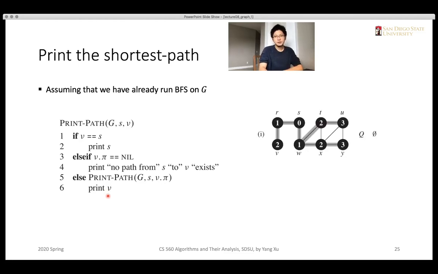So, looking at this result of running BFS, let's think about how print path on S and Y works.